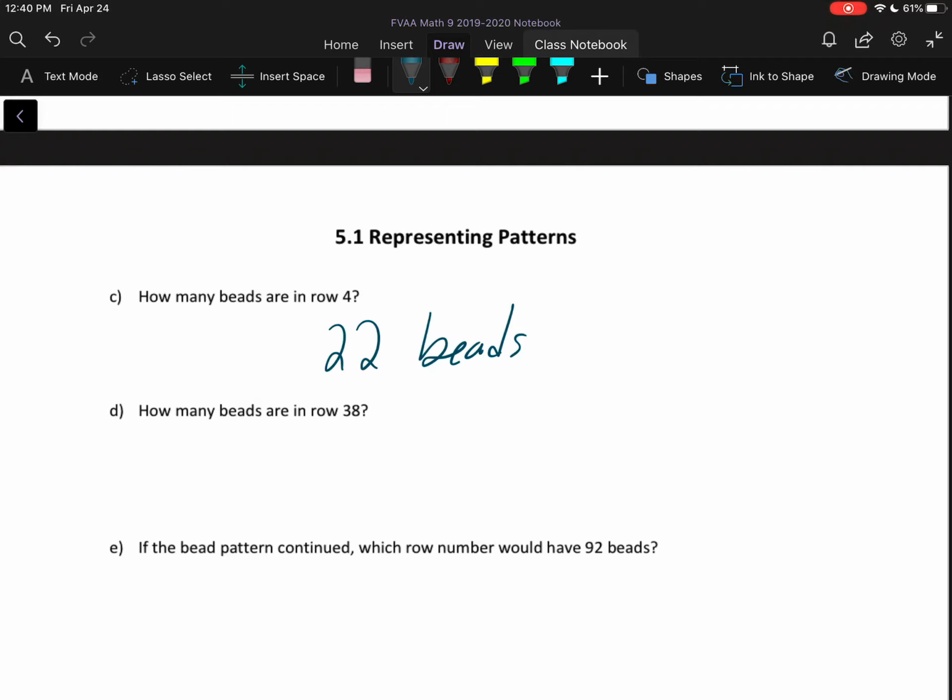Now, how many beads are in the 38th row? Well, I don't want to draw 38 rows, so I'm going to use my equation. y is equal to 5x plus 2. Here they're telling me that x, the number of rows, my independent variable, is equal to 38. And so the number of beads, what I don't know and what I need to know, is my y value.